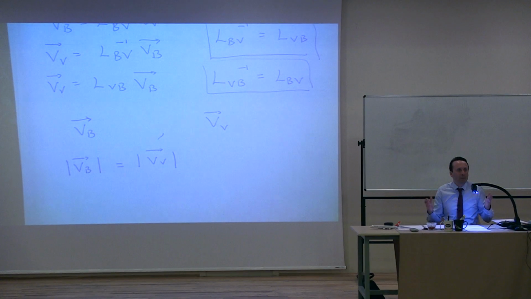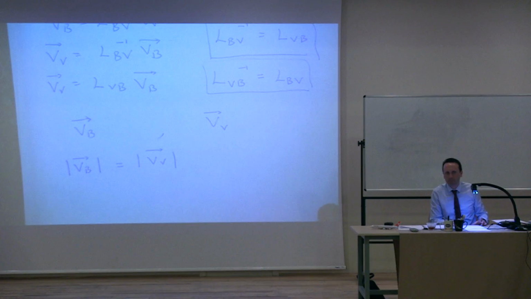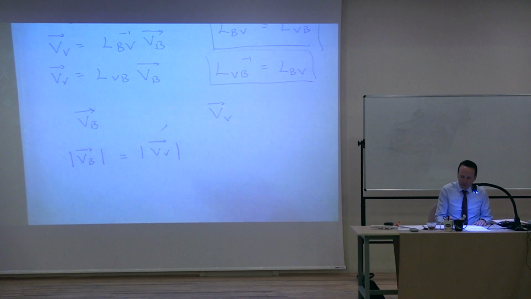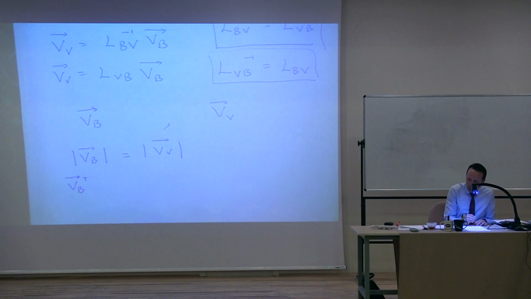Magnitudes are the same. It's the same vector. It's just written in two different coordinate systems. One is written in the vehicle carried coordinate system. One is written in the body fixed coordinate system. So because it's the same vector, the magnitudes are the same. If the magnitudes are the same, you can write this property, which comes actually from linear algebra.